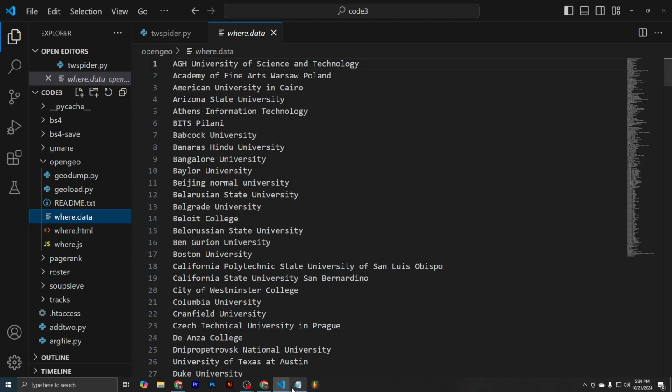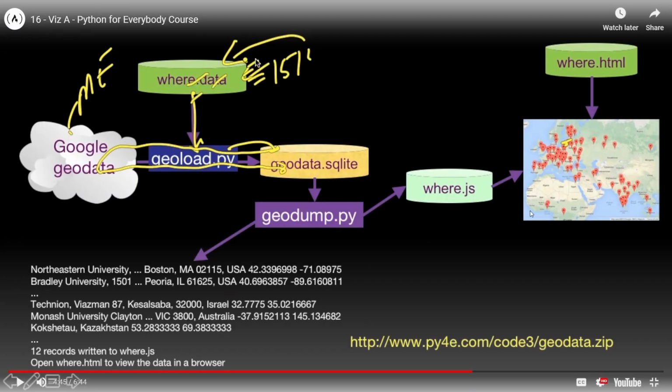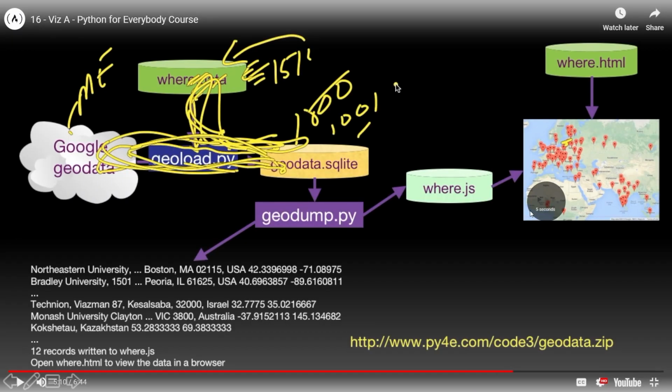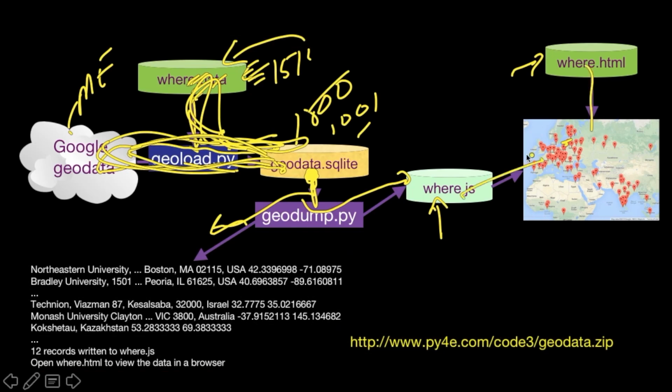Smooth. Okay, great. 15, right? 1, 2, 3, 4, 5, 6, 7, 8, 9, 10, 11, 12, 13, 14, 15. And when this HTML loads, it reads this file and puts up all those pins as long as you have access to the in-browser JavaScript API.